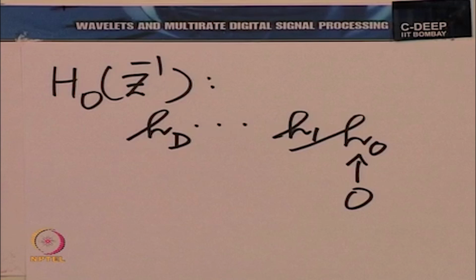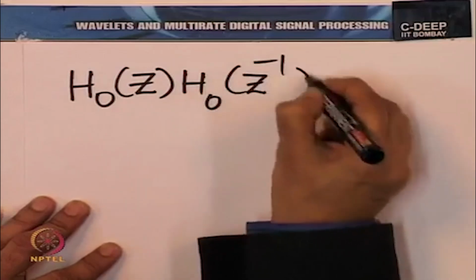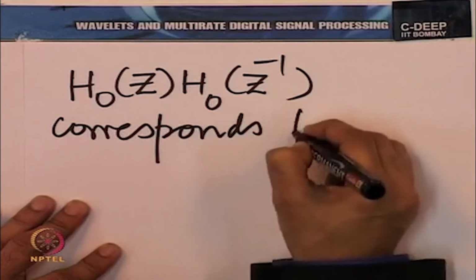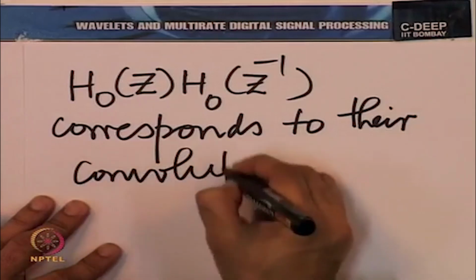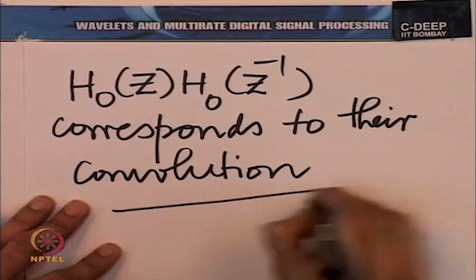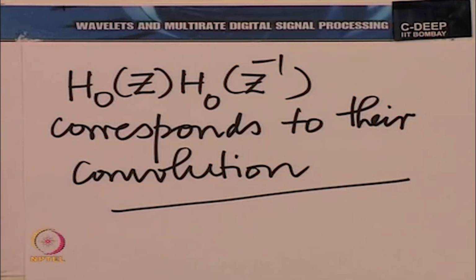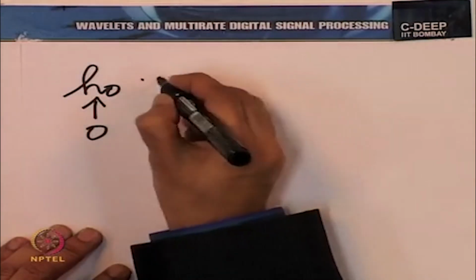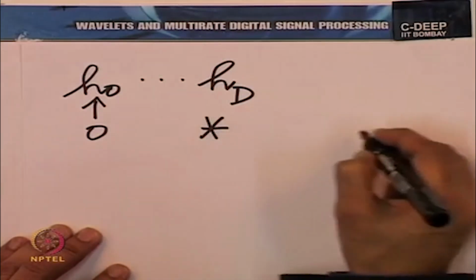Now, H0(z) times H0(z inverse) corresponds to their convolution. You know, when you multiply two z transforms, the corresponding sequences are convolved, and therefore, we have this convolved with this.